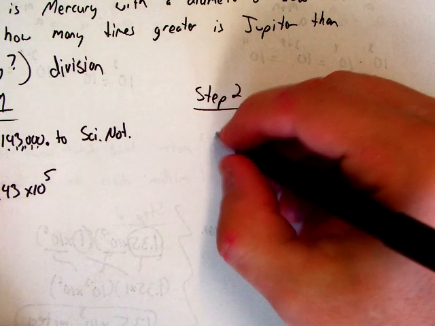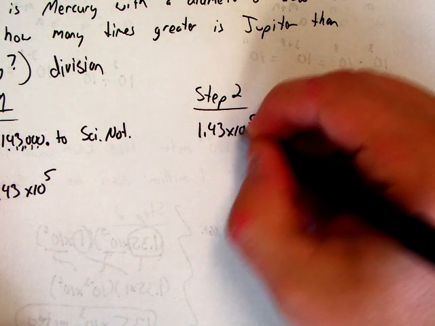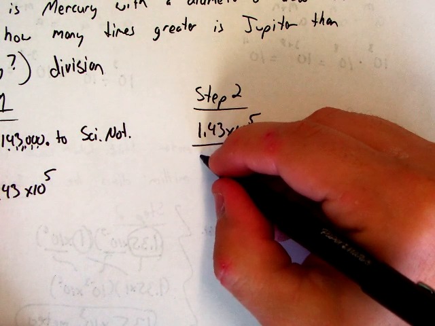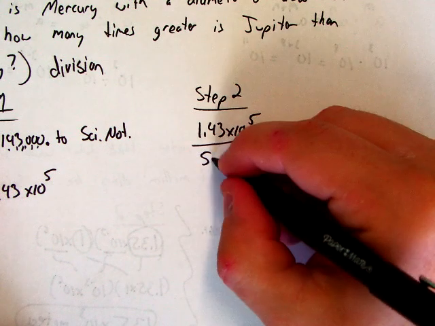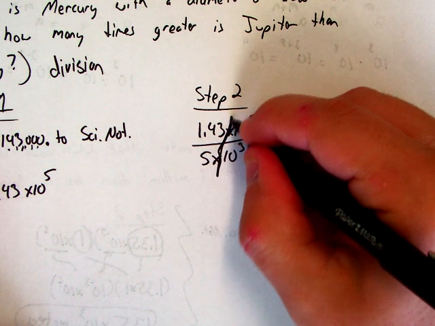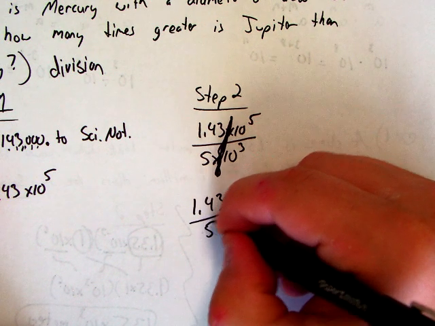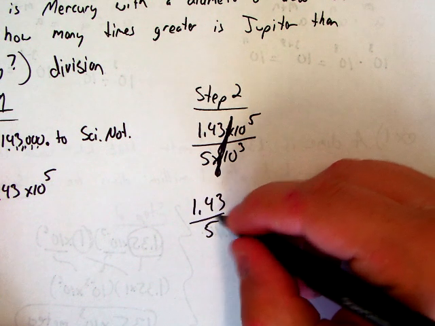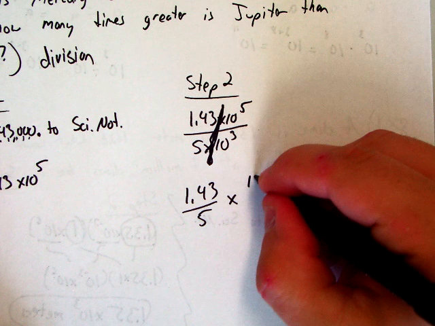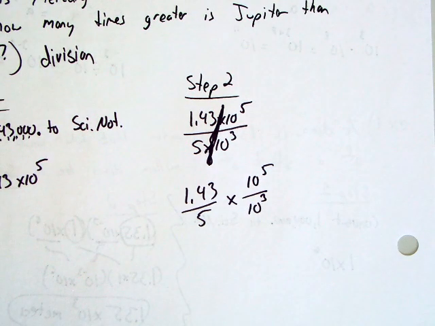Step 2, I'm now going to take Jupiter's diameter divided by Mercury's diameter. And again, I'm going to separate the problem out to 1.43 divided by 5, times 10 to the 5th divided by 10 to the 3rd.